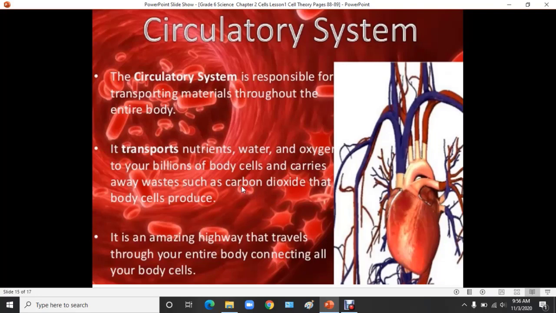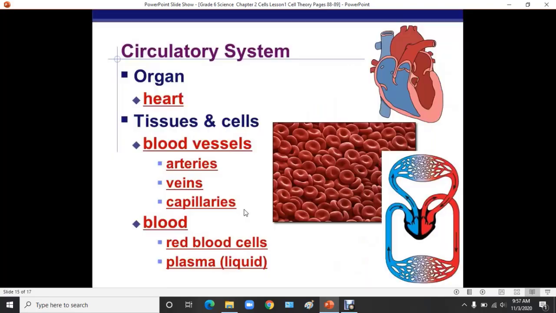It is an amazing transport system throughout our entire body, connecting to all our body cells, where the organ is the heart. If you talk about the tissues and the cells, here are blood vessels, arteries, veins, capillaries, blood, red blood cells, plasma. These are the human circulatory system.